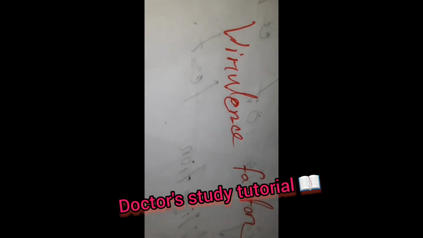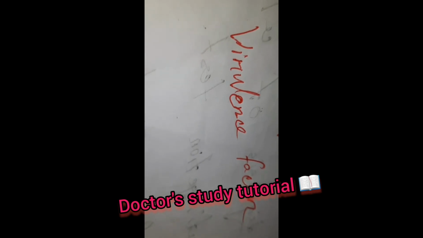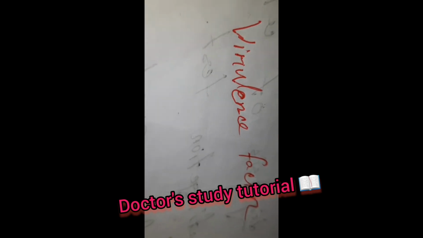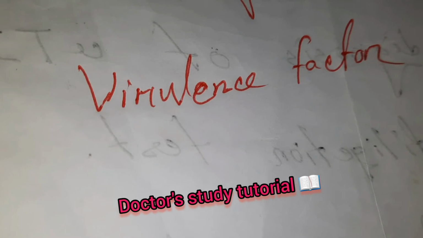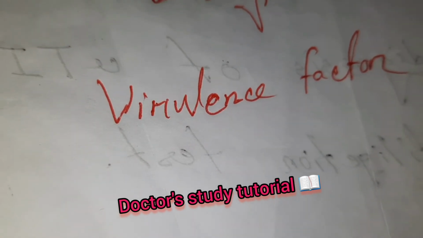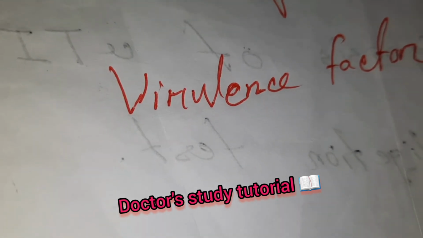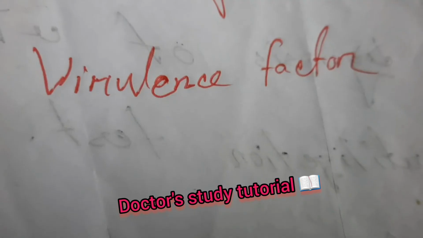The function of polysaccharide capsule is antiphagocytic, and it is commonly used in the formation of vaccine. Then second one is endotoxin, which causes fever and shock. Third one is immunoglobulin A or IgA protease, which helps the bacteria attach to the membrane of the upper respiratory tract by cleaving secretory IgA.